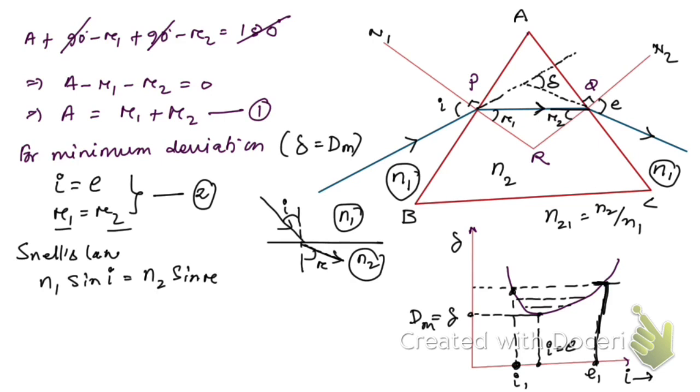So in this case, if you consider the case of the prism, if this is the prism and here is the incident ray and this is the normal and this is the angle of incidence I, and the angle of refraction in this case is r1, right? So this is the medium of refractive index 1 and here refractive index 2. So in this case the relation will be n1 sine I equals n2 sine r1, right?